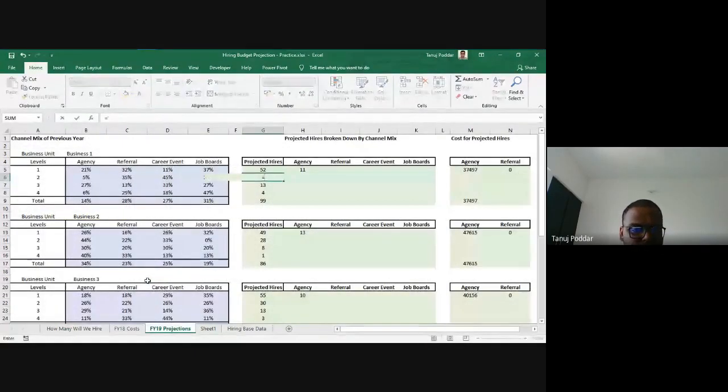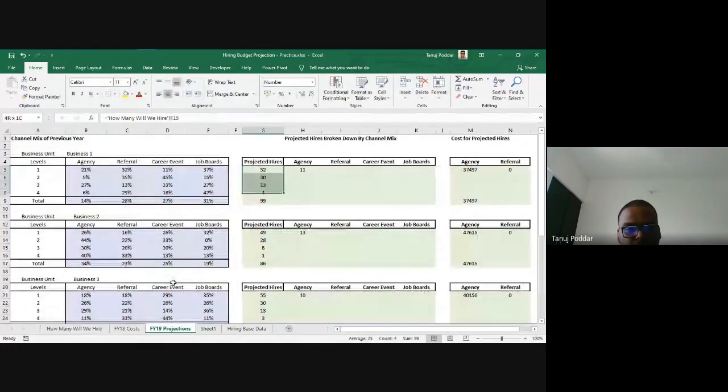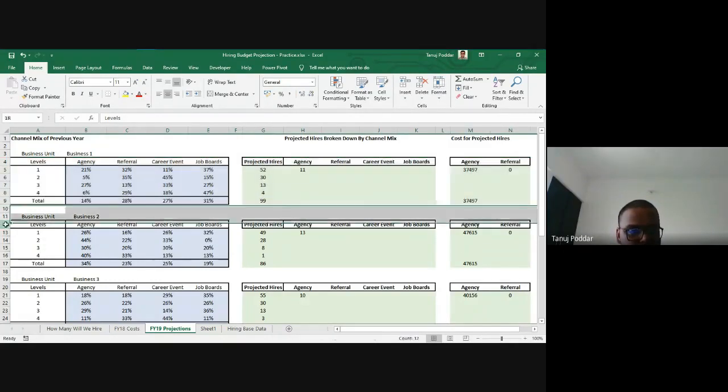Just that you'll have to put it one by one. But you should be able to get the total number of projected hires. Every business unit has one block dedicated to them in the sheet.